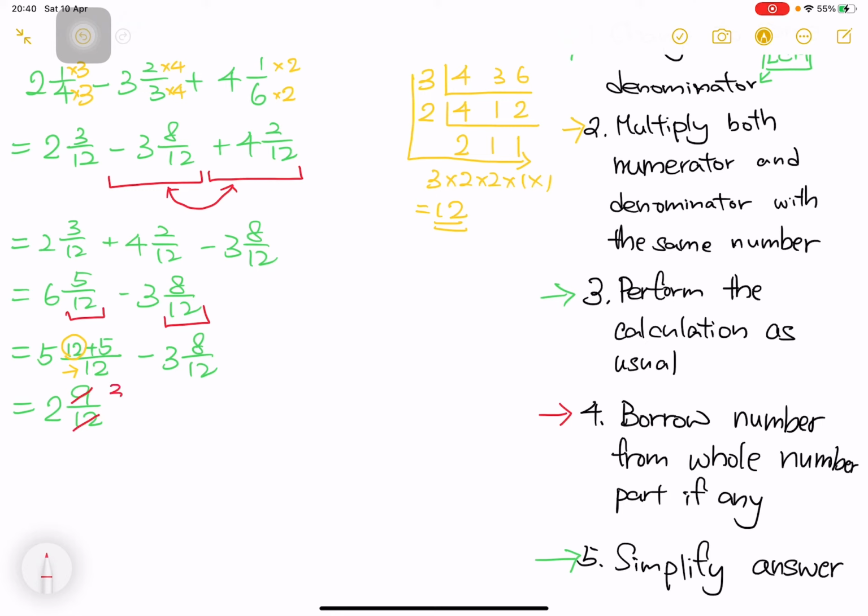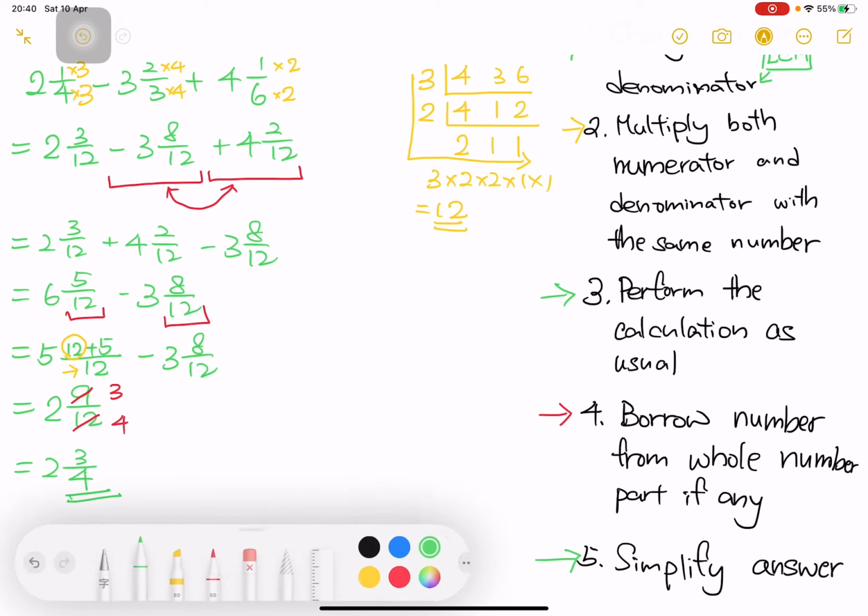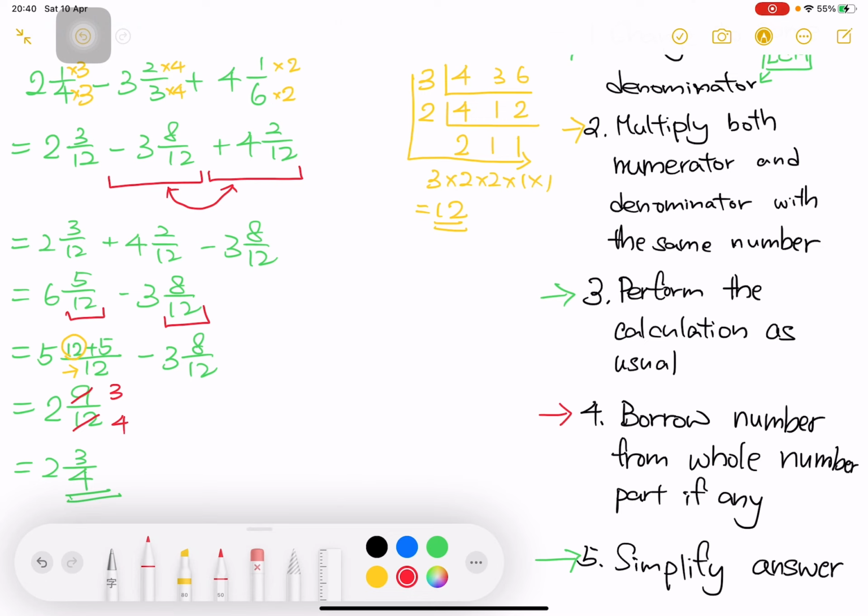So 9 will become 3 and 12 will become 4. So I get my answer here, which is 2 and 3 over 4. And that's the steps for the addition and subtraction of fractions with different denominator.